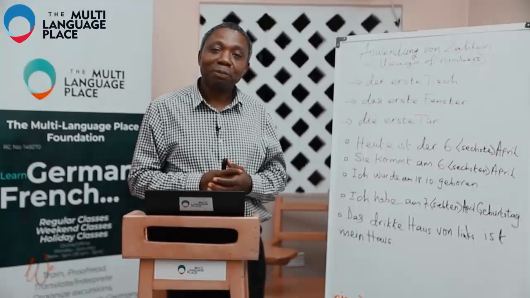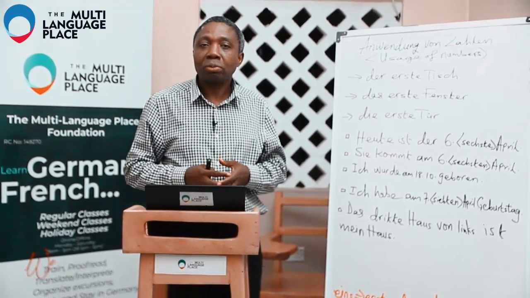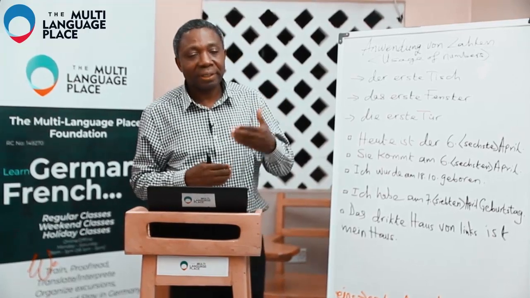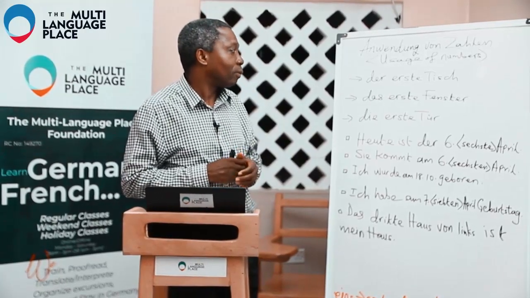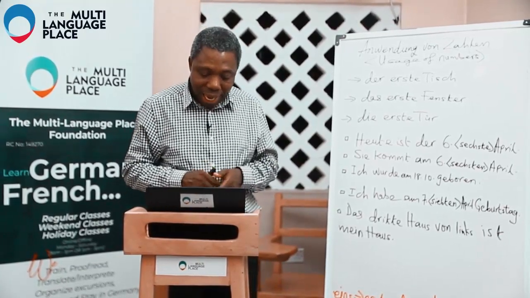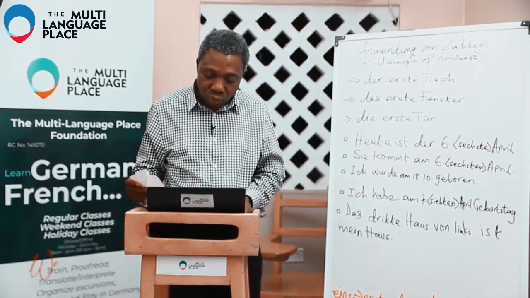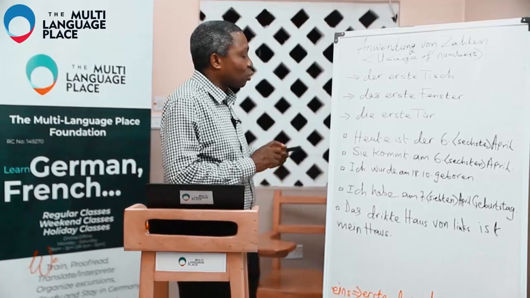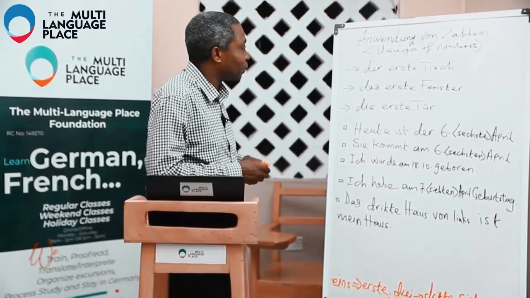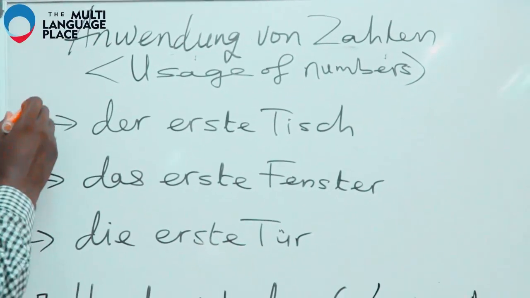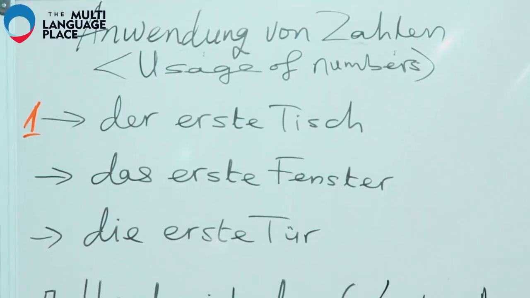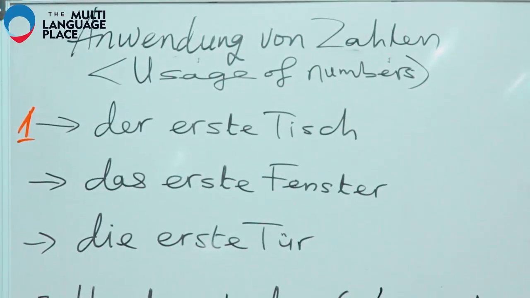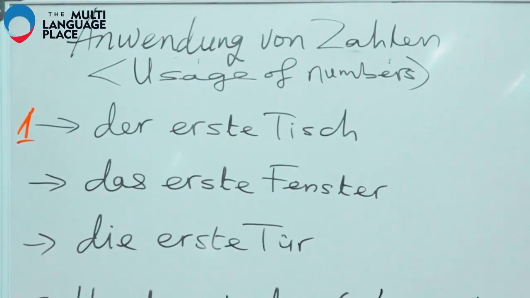Talk about the usage, how these ordinal numbers are used. And we see what we have on the board. The first one is der erste Tisch. Der erste Tisch.